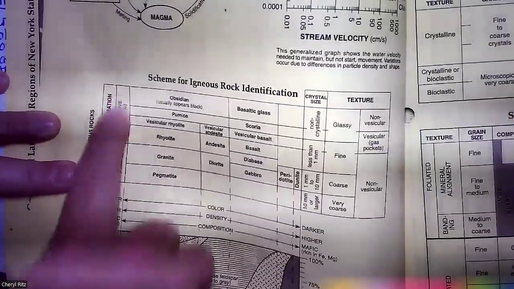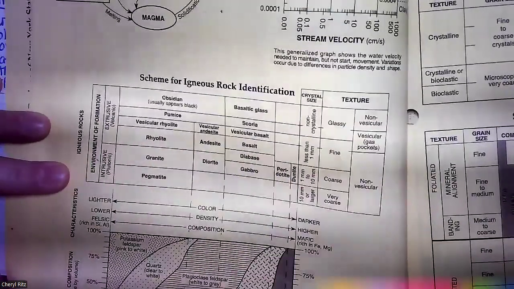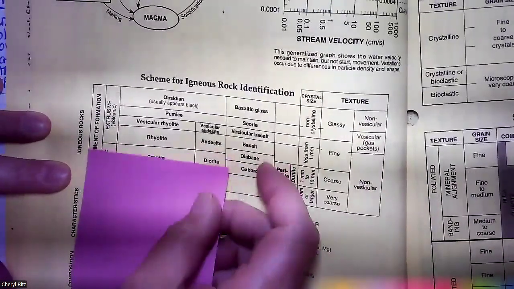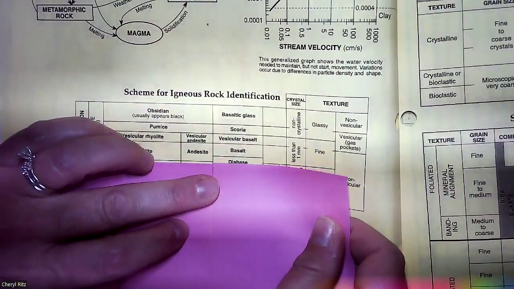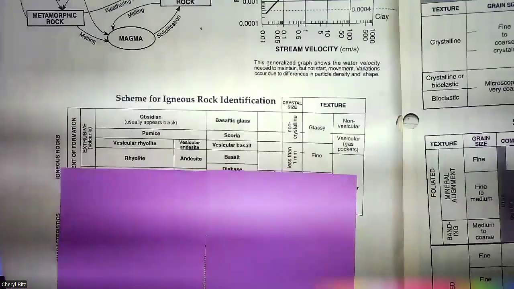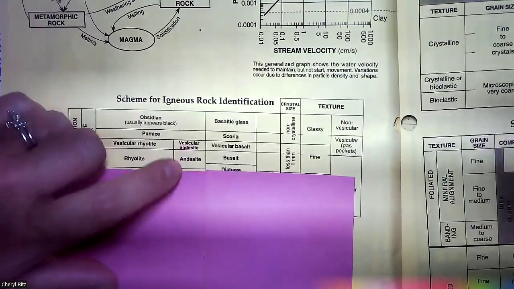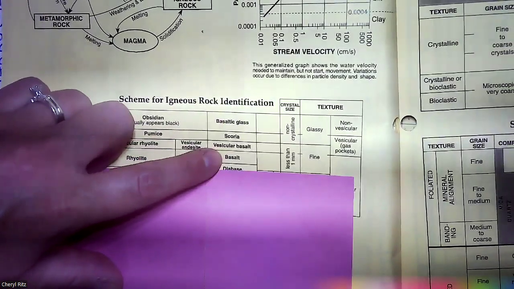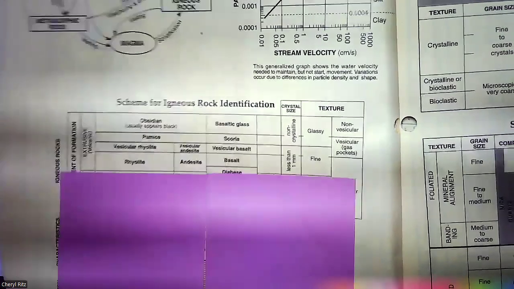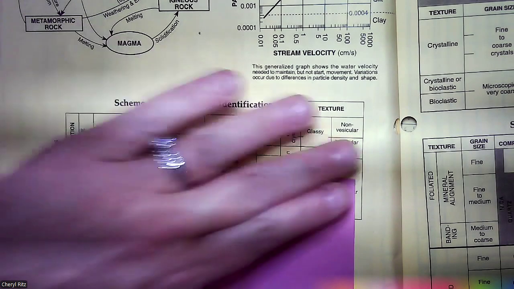You can see extrusive has a box here, intrusive has a box. Anything that lines up with those boxes, we want to get rid of. So you should have left obsidian, pumice, vesicular rhyolite, andesite, vesicular andesite, basalt, scoria, vesicular basalt, and then half of the diabase. So the rock I wanted was extrusive, so it's one of those.